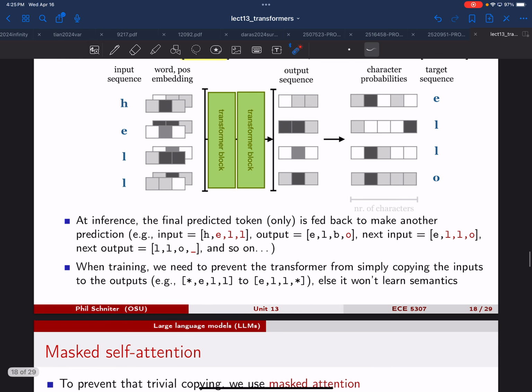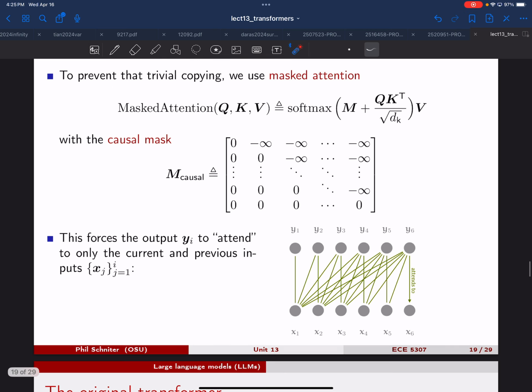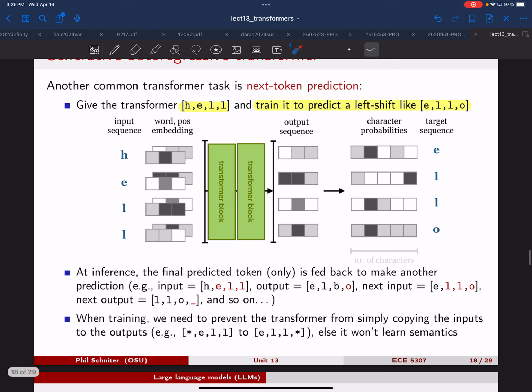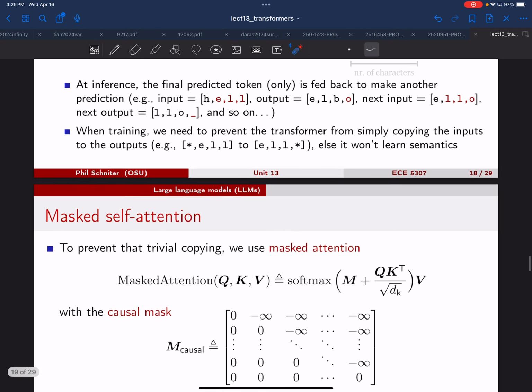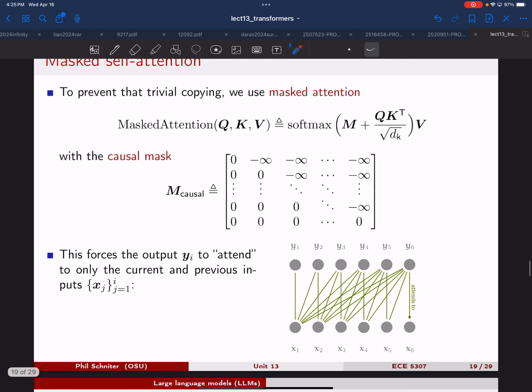Here it is trying to predict E knowing only H. Then the second output can depend on the first two inputs, so it's trying to predict L based on HE, and so on. And finally, the very last one can use all the inputs. So the last Y gets to use them all.